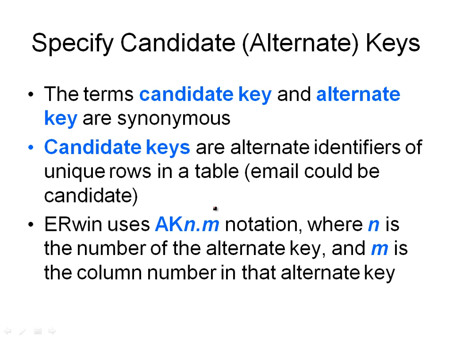Also, we can specify the candidate keys, or alternative keys, that might be used in that table. Remember that the candidate keys are alternative identifiers of unique rows in a table. Email could be a candidate key, but usually you don't use that as the primary.